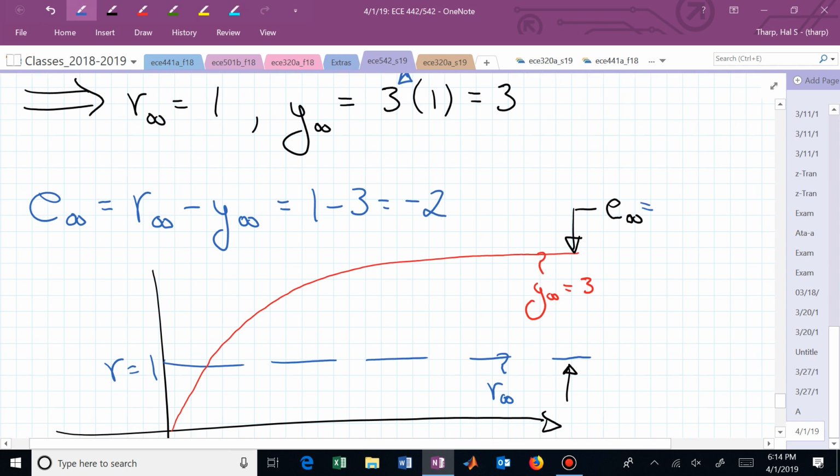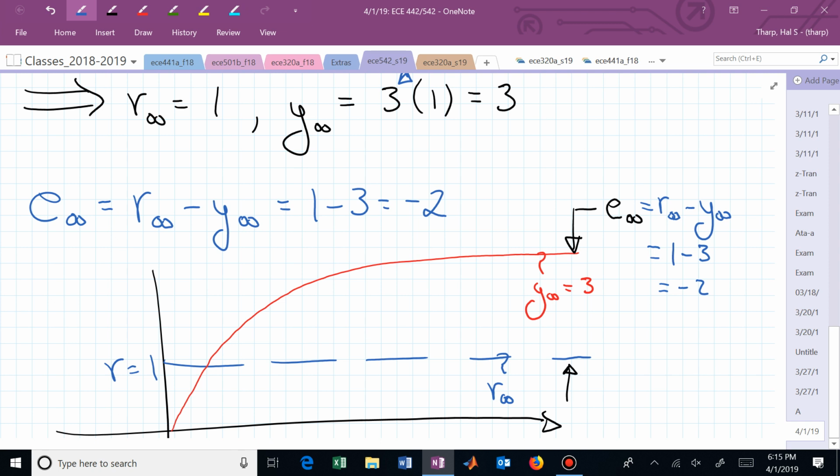Or this is now r of infinity minus y of infinity, which is 1 minus 3, or this is now minus 2. It's just how we've defined the error, comparing the reference minus the output. And in that definition of the error, our error being minus 2 actually says that our output is 3, when our input is 1. Does that help?